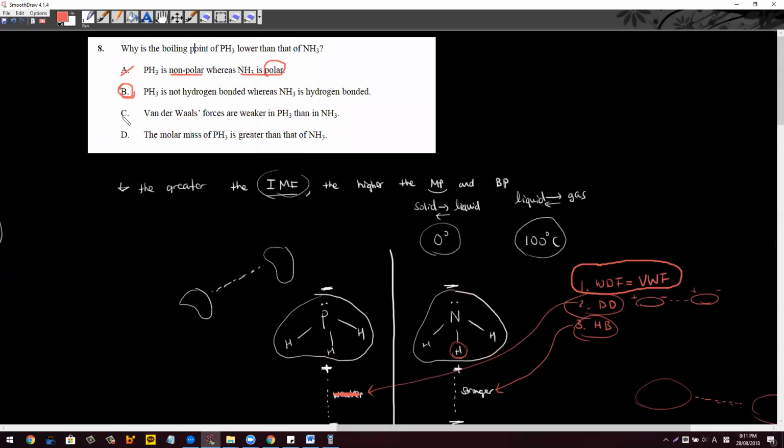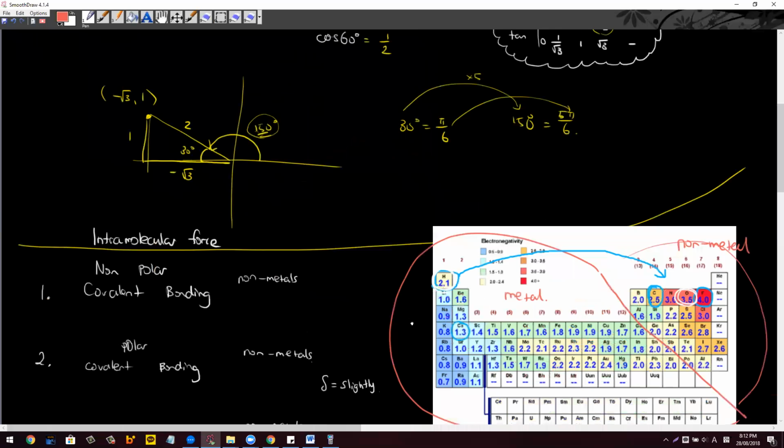Now have a look at C. It says van der Waals forces are weaker in PH3 than NH3. That may be the case, that may not be the case. But I would say that the weak dispersion force, let's have a look. Which one is a heavier molecule? Let's have a look at the periodic table over here.